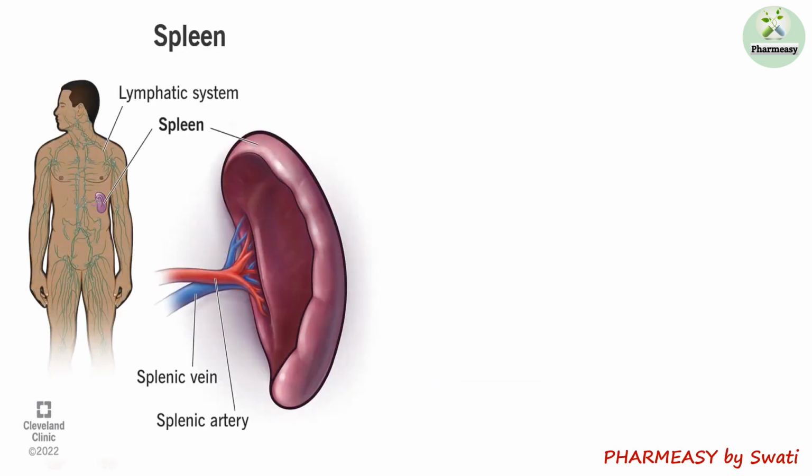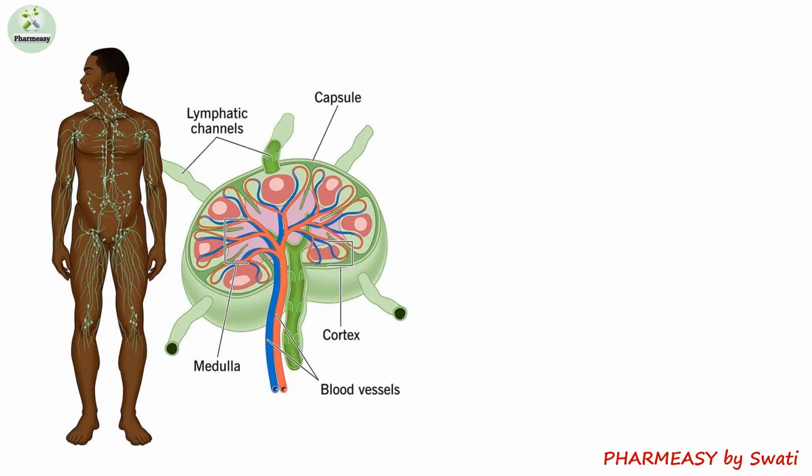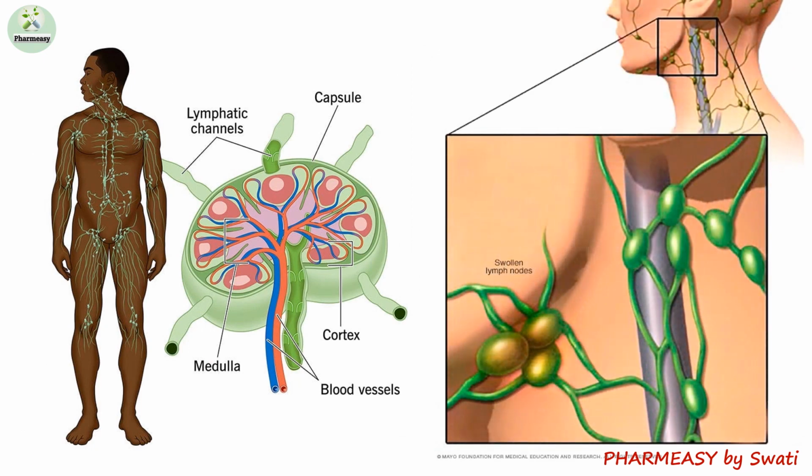As this figure shows the structure and location of spleen. It has splenic artery and splenic vein for the supply of pure and impure blood respectively. Next figure is of lymph node.